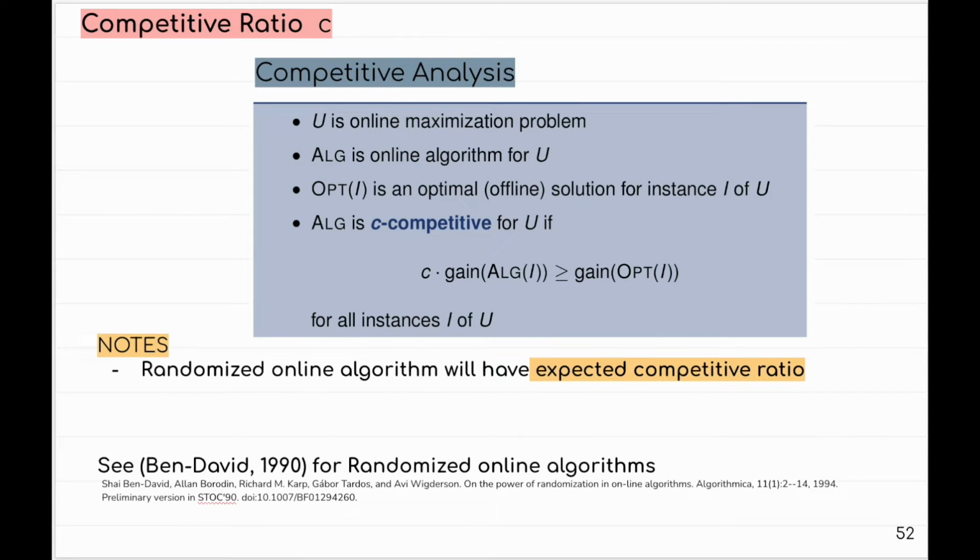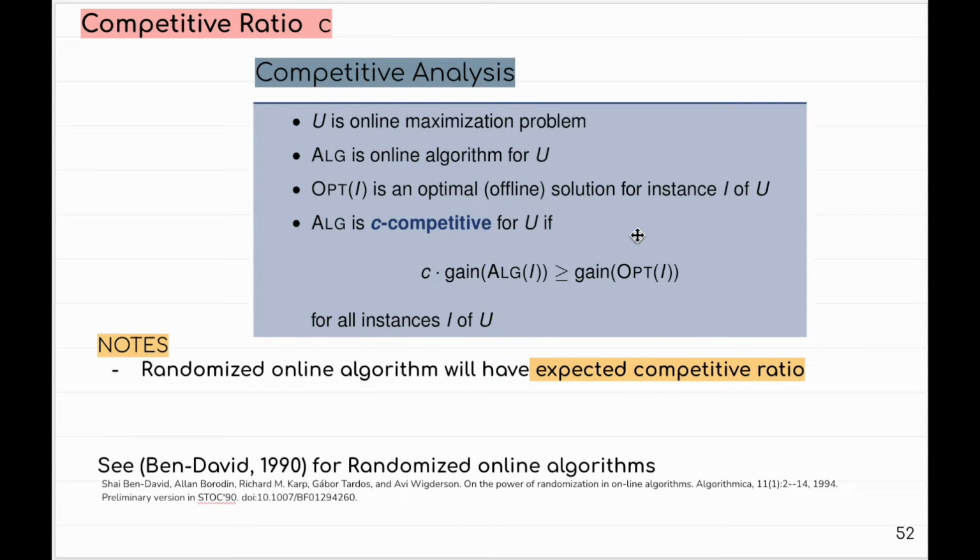Now let's move on to the definition of the competitive ratio. This definition is very similar to the definition of approximation ratio because we're comparing the output of the optimal solution and the output of our algorithm given the same input. Here we have a constant C that is called competitive ratio.